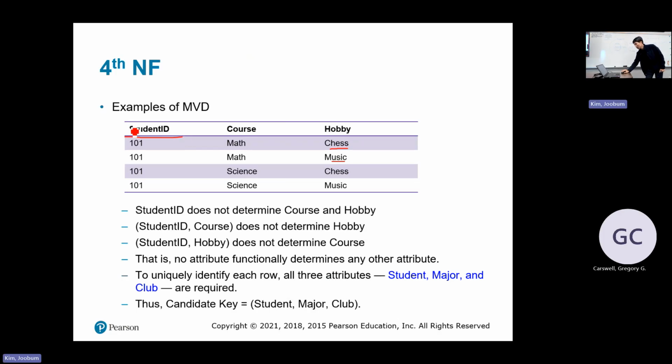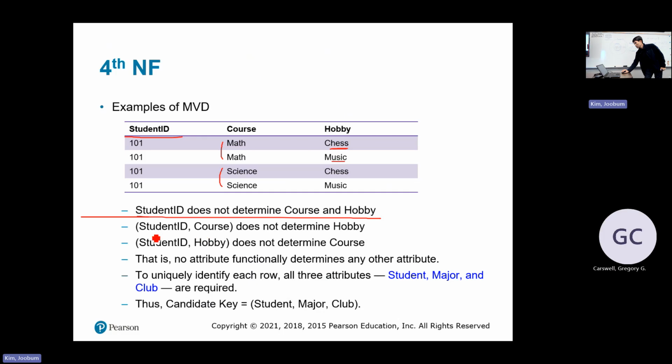No. Why? 101 is associated with math and then science. So the student ID cannot determine course. No functional dependency between student ID and course. How about student ID and their hobby? Student ID can have the chess and the music. So multiple values. There's no functional dependency here.